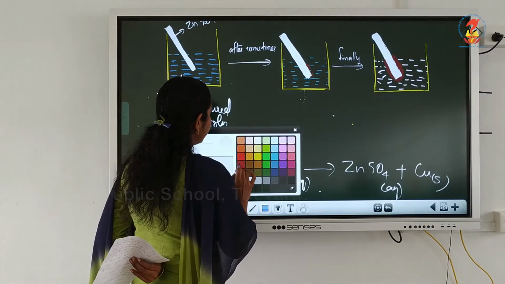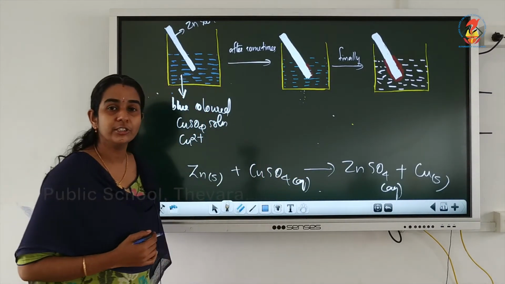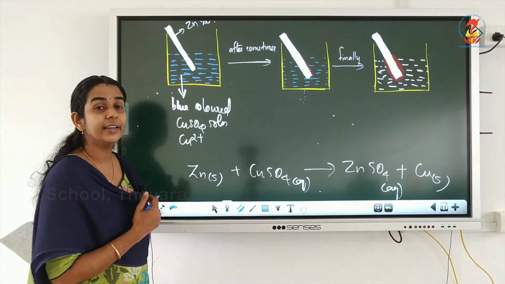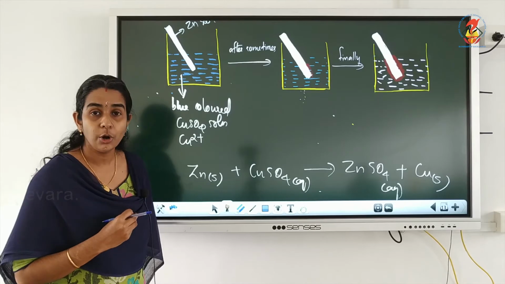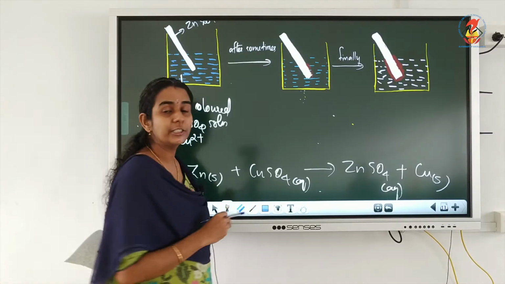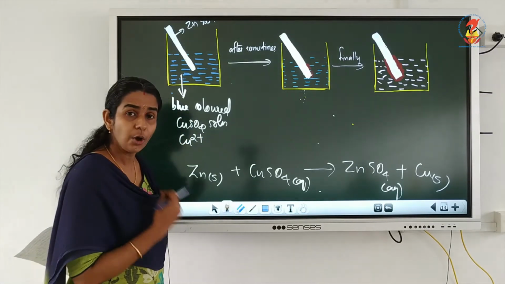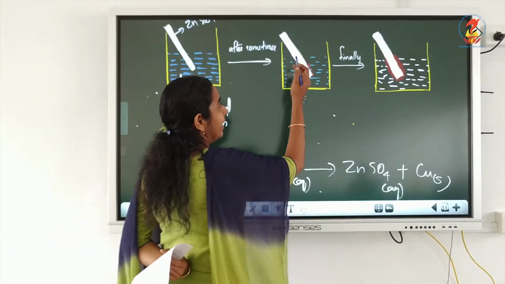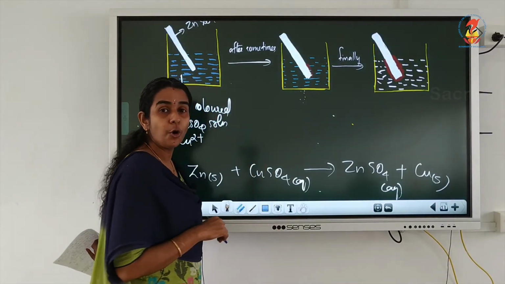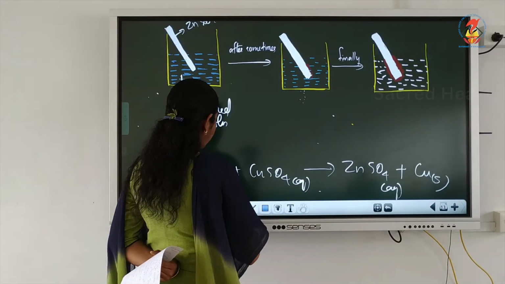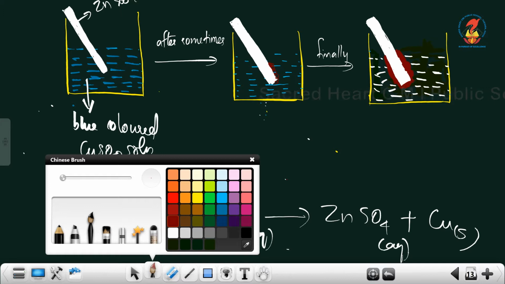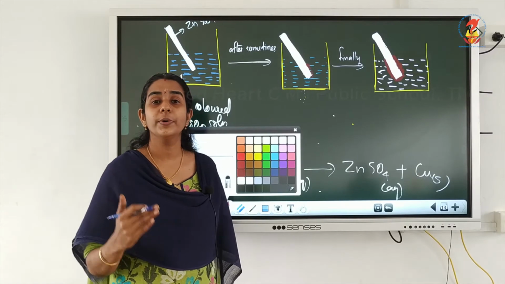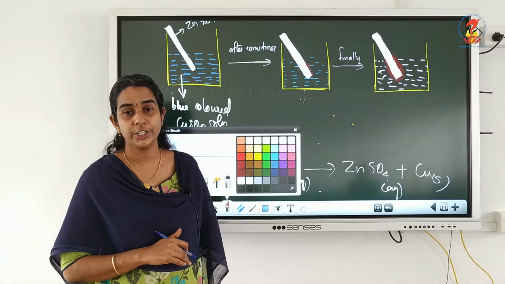if you look at the blue color of copper sulphate solution, we can observe that there is a decrease in the intensity of blue color, and along with that we can observe a small deposition of copper over this zinc rod, because the zinc is displacing copper from copper sulphate solution.